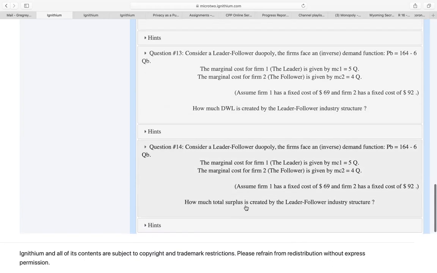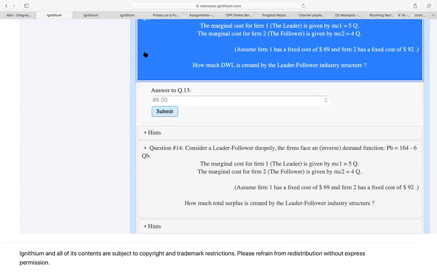Now the total surplus and the deadweight loss ones are connected. The real difference is, remember, deadweight loss is going to be equal to total surplus under the Stackelberg equilibrium minus the total surplus under competition.